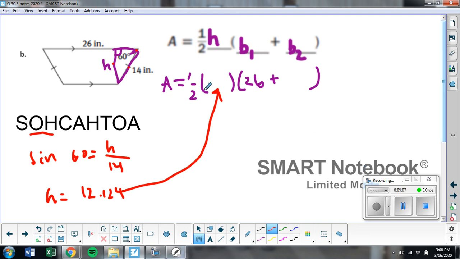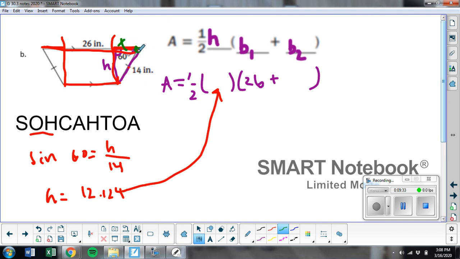And now I need to find my other base. So this is 26. How big is this? Well, let's divide this thing up. If I could figure out this piece here, that would match this piece here, and that could tell me how big this piece is. So let's call this x. Let's use trig again.